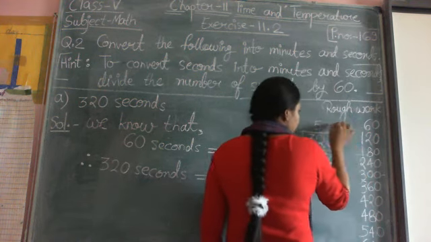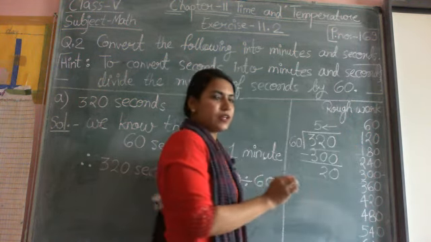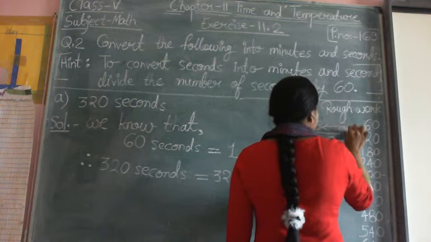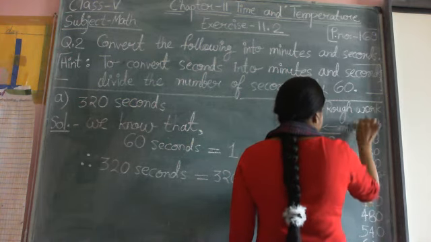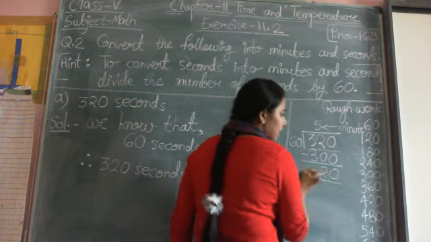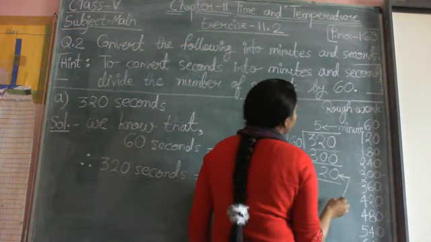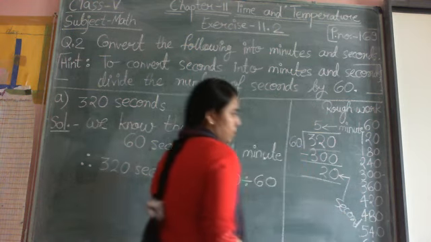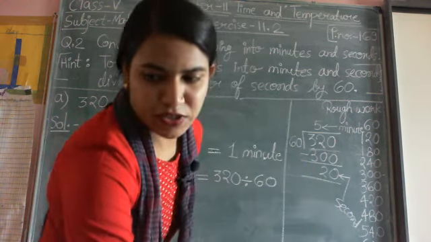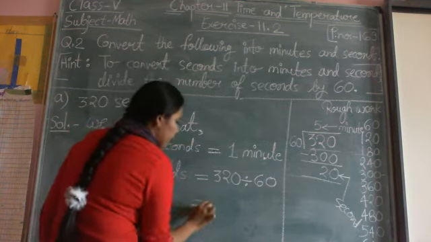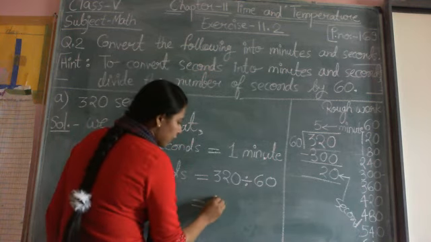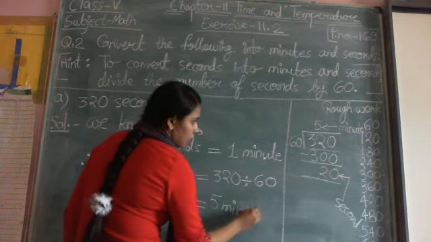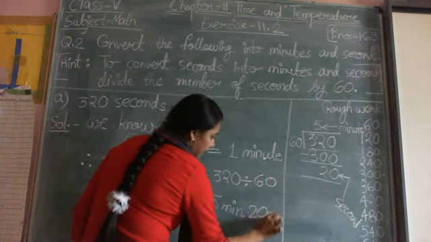The number in the quotient will be your minutes and the number in the remainder will be your seconds. So when we divide 320 by 60 we get 5 minutes 20 seconds.